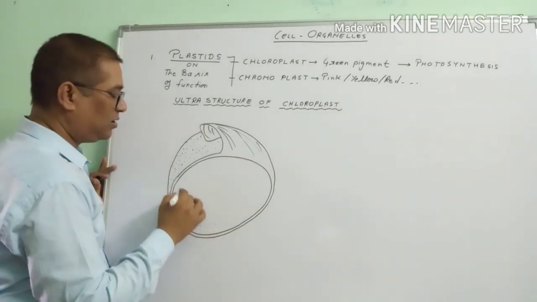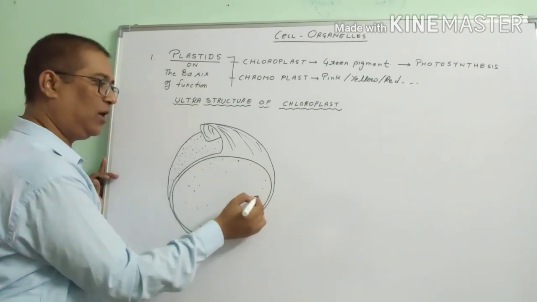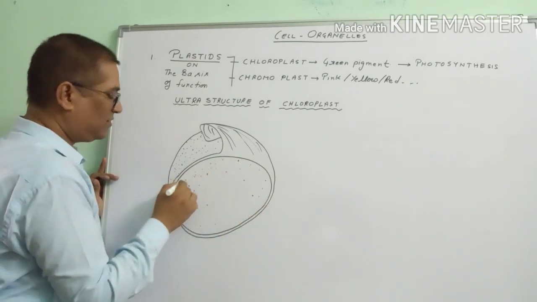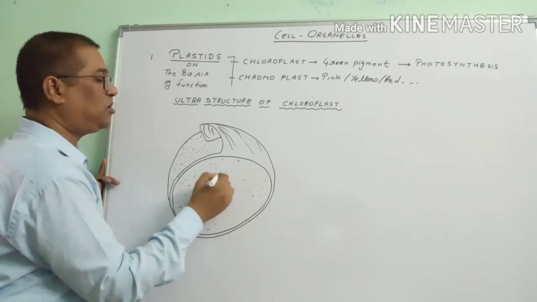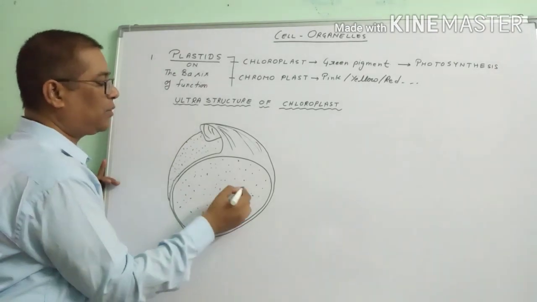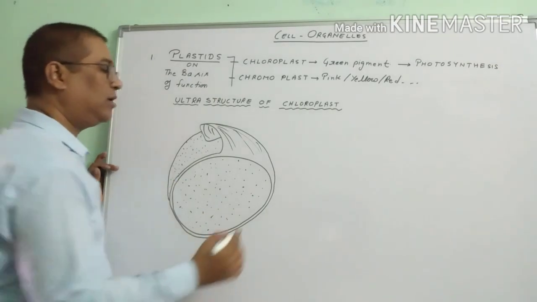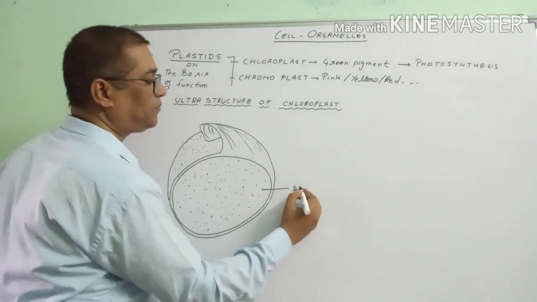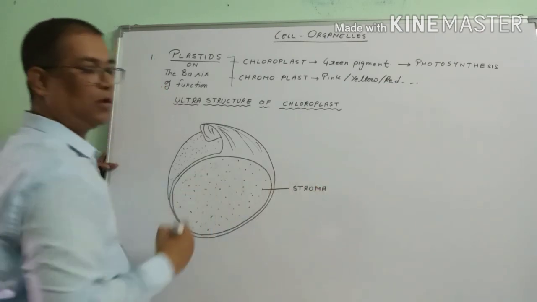Each chloroplast is filled with a special proteinous part. It is slightly colloid in nature, and this proteinous part of the chloroplast is called stroma.